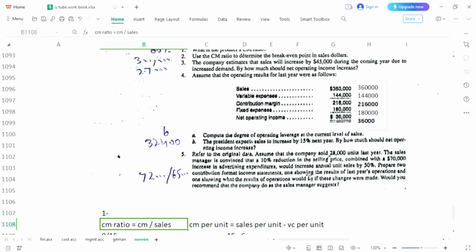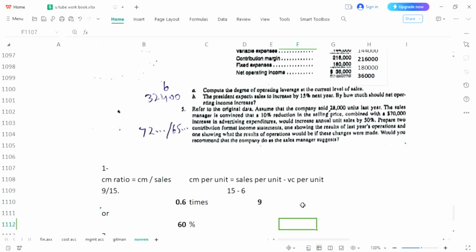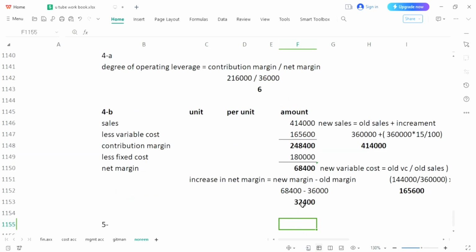Okay, first we will make the old income statement and then we will make the new income statement. Although this is the referral income statement, we will use the original data. We are not concerned with these referrals. We will make the income statement using 28,000 units. So for the fifth point, again we are doing the same thing.